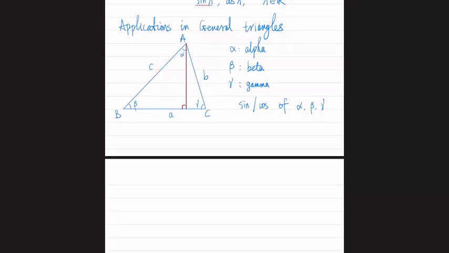Could you give me an expression for this length? We call it the height. What's the height of this triangle, using trigonometric functions, using the sides and angles, whatever we have on the graph?